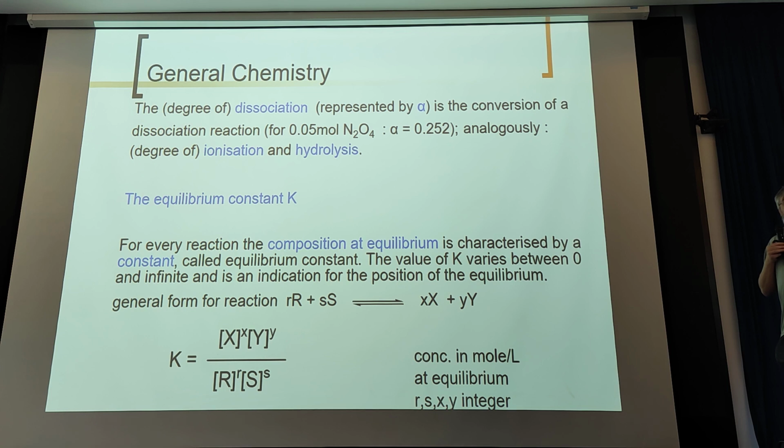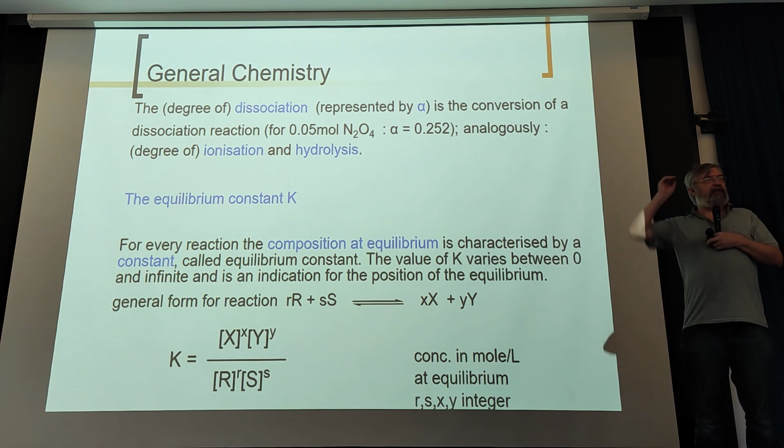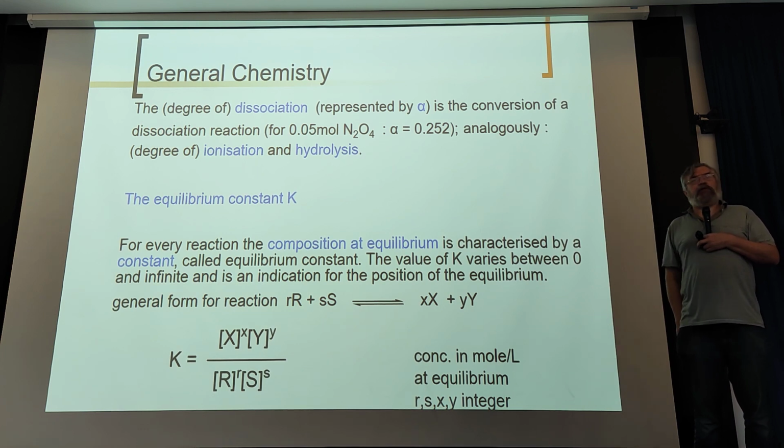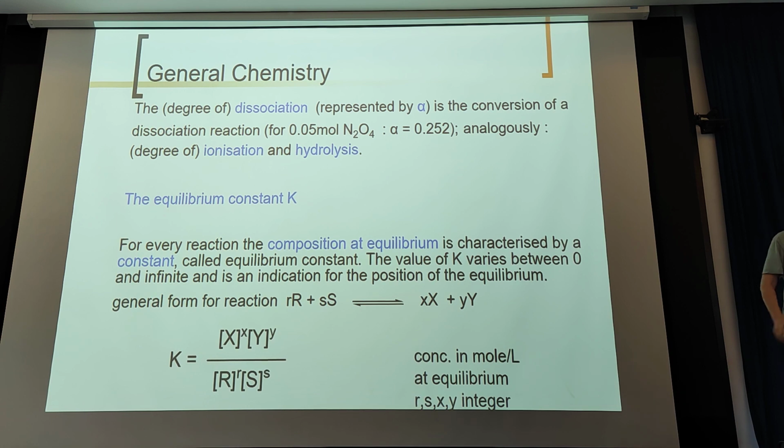Now, there is another way to express how far the reaction is going, and so, to what extent the reaction is proceeding. And that's the equilibrium constant. This is expressed by K, but now capital K. So don't confuse it with small k, which is a rate constant. How do we express the equilibrium constant?